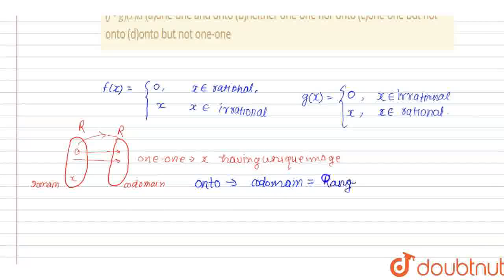Now it is clear what one-one and onto are.